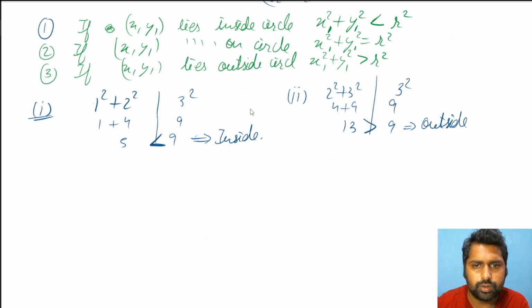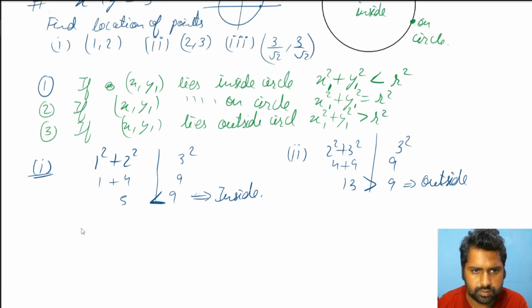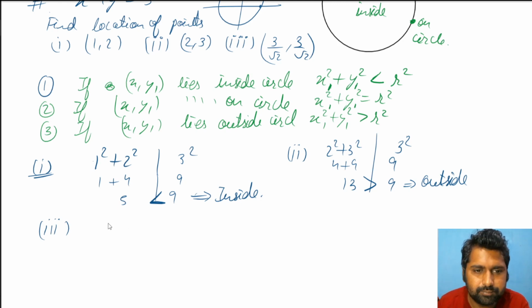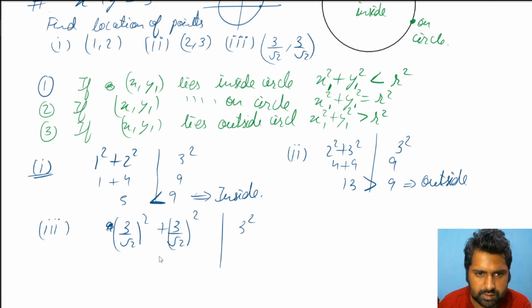And the third one, (3 by root 2, 3 by root 2). I think I created a wrong point, let's see. 3 by root 2 whole square plus 3 by root 2 whole square, right side is 3 square, so 9 by 2 plus 9 by 2, it's correct.